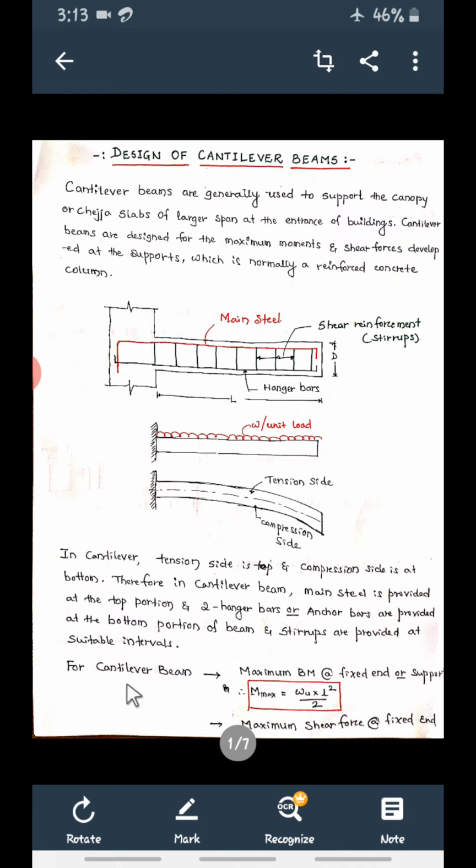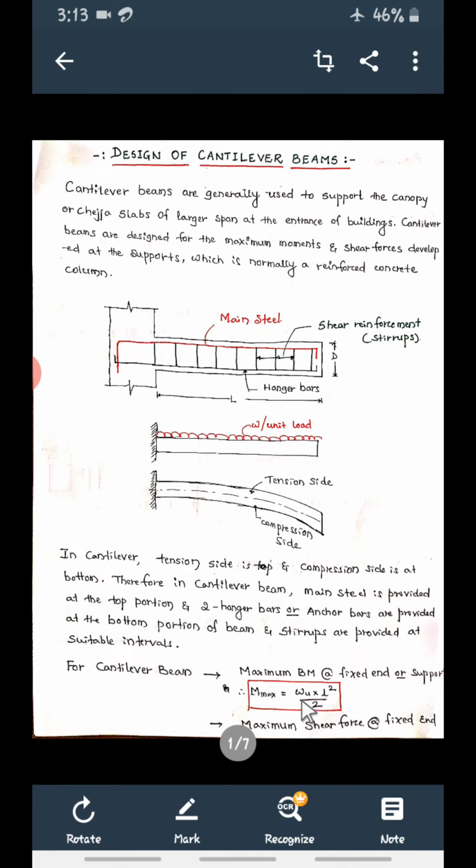Now, when you consider this cantilever beam, as I told, the maximum bending moment will be at the fixed end. See here, it is fixed. So the maximum bending moment is at the fixed end or at the supports. In a simply supported beam, the maximum bending moment at the center is WL square by 8.